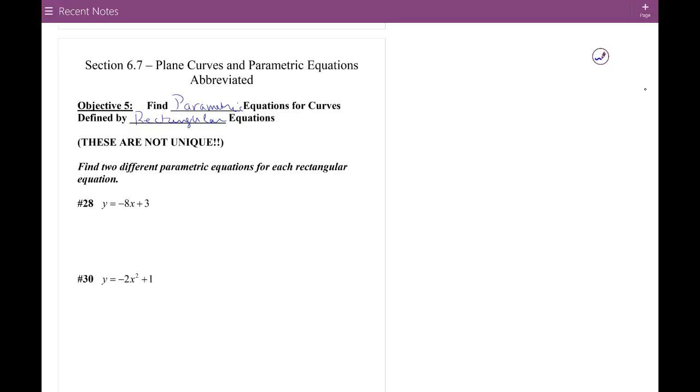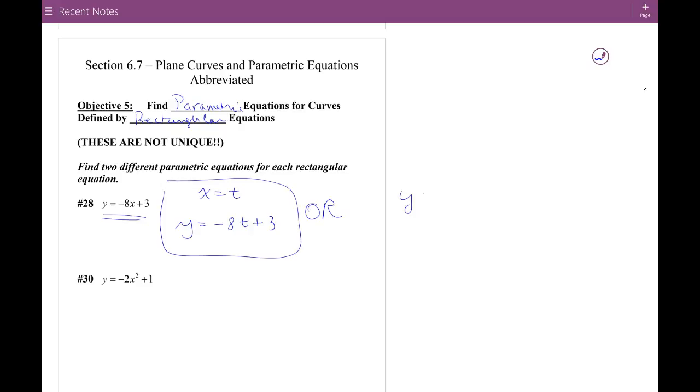If you just say, well, let me let x equal t, well, then y is going to be negative 8t plus 3. So we can see that this is a line, and this is just a parametric description of the line. One parametric description of the line, but there's more than one way to do this.